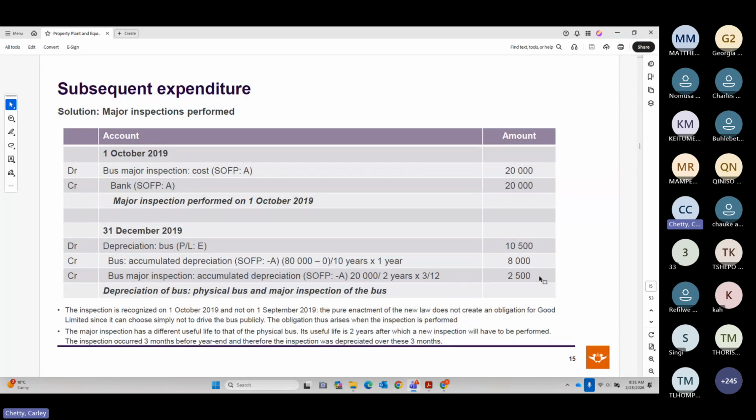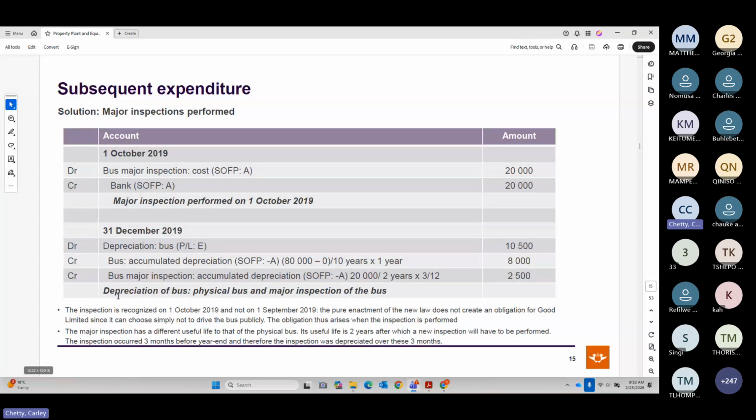And that is going to give us the accumulated depreciation of 2,500 Rand. That is the accumulated depreciation relating to the bus major inspection. So then we have the accumulated depreciation for the bus and the accumulated depreciation for the major inspection. We're going to debit depreciation bus with the total of the depreciation for the different parts. And that is going to give us total depreciation for the 2019 year of 10,500 Rand.